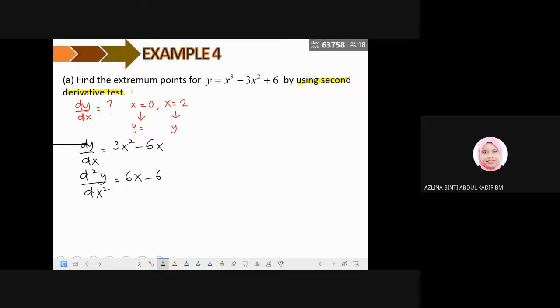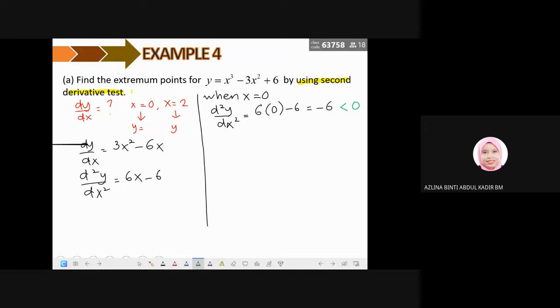Then you substitute x is equals to 0. When x is equals to 0, d squared y dx squared is equals to 6 times 0 minus 6, negative 6. That means less than 0. So when second derivative less than 0, it occur maximum or minimum?